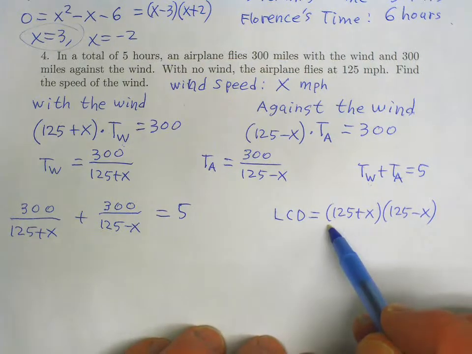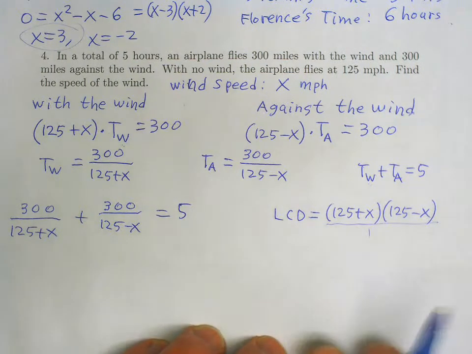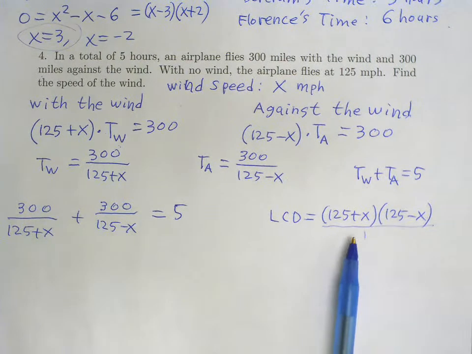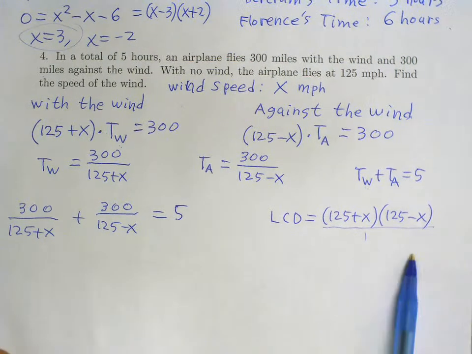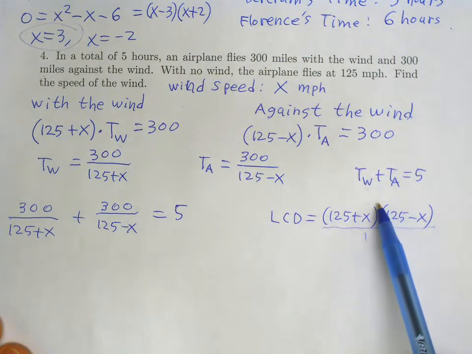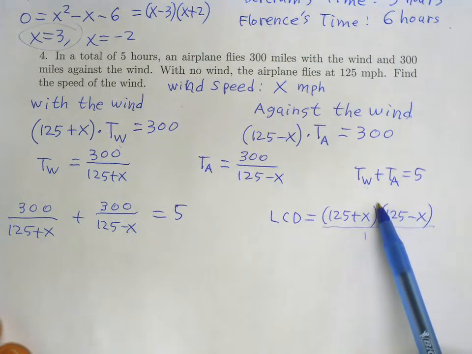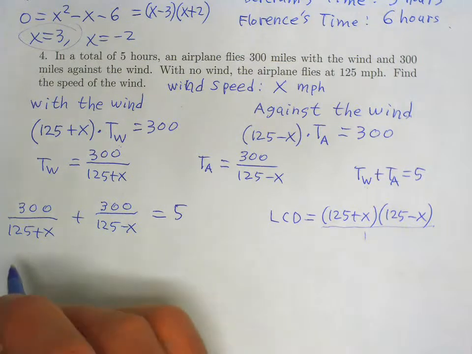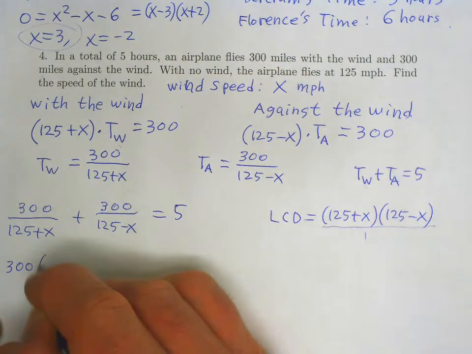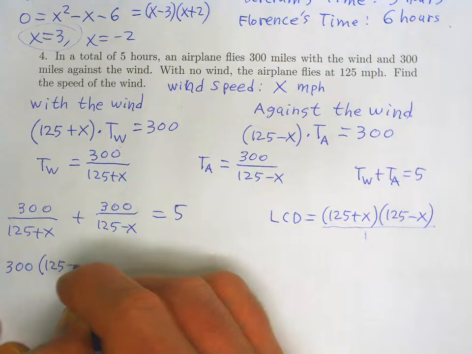So we're going to multiply both sides of the equation by the least common denominator. When we multiply this by 300 over 125 plus x, the binomial factors 125 plus x cancel. So we're just going to be left with 300 times 125 minus x.